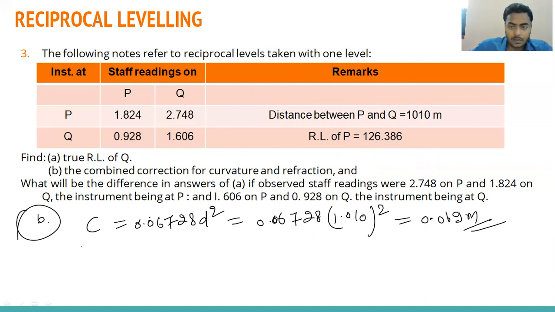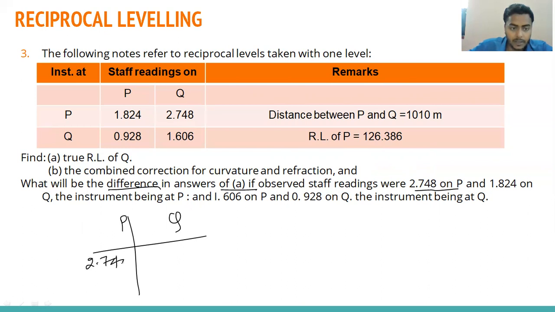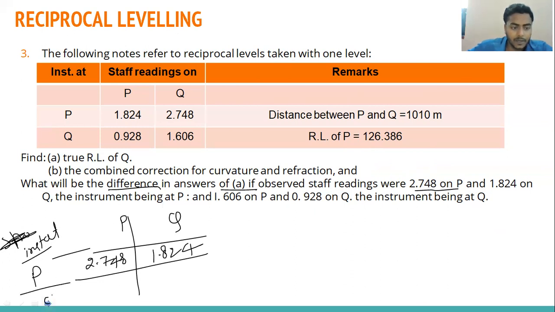Now come to this one. What will be the difference in answer, meaning RL of Q, if the observed staff readings at P and Q are 0.48 and 1.824, and with the instrument at Q the readings are 1.060 and 0.928.